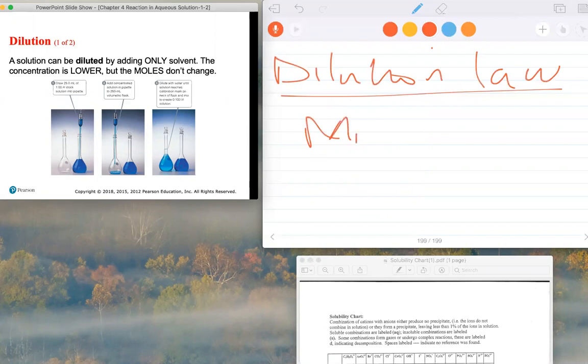Remember the dilution law: M1 V1 equals M2 V2. That is, a more concentrated solution is taken down to a less concentrated one.